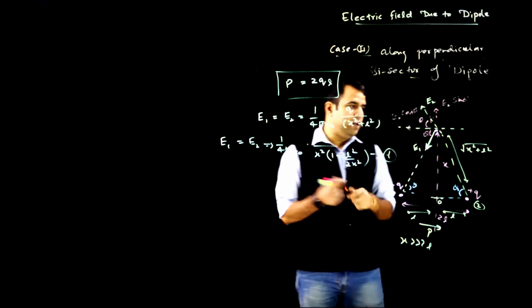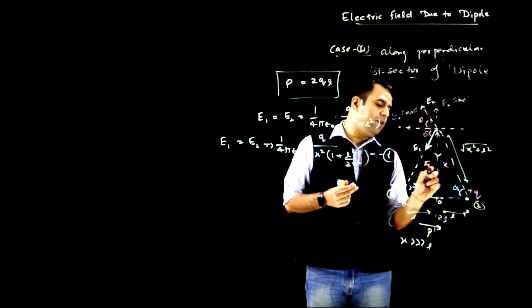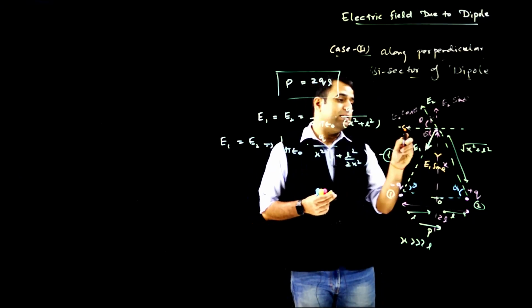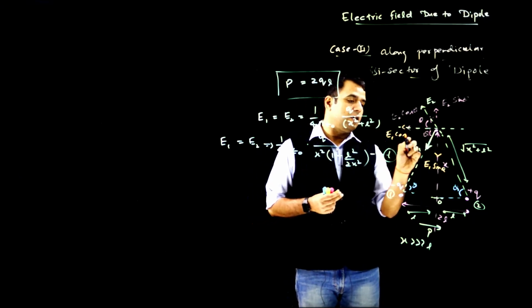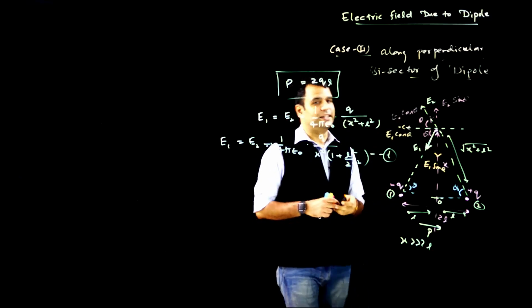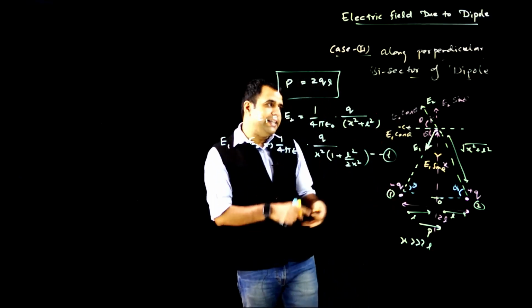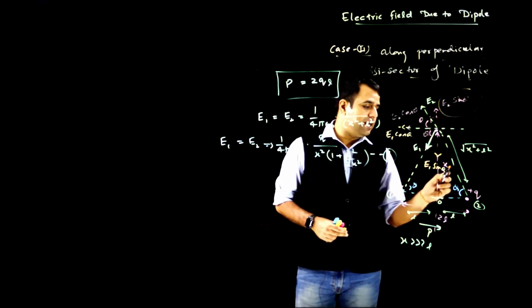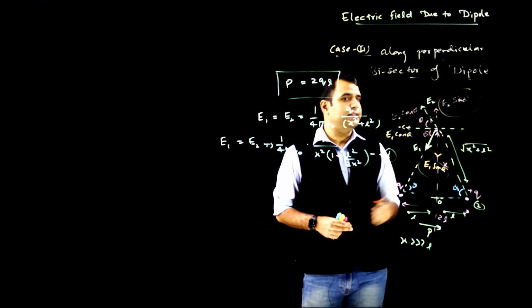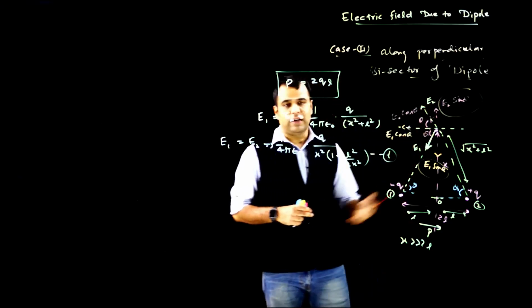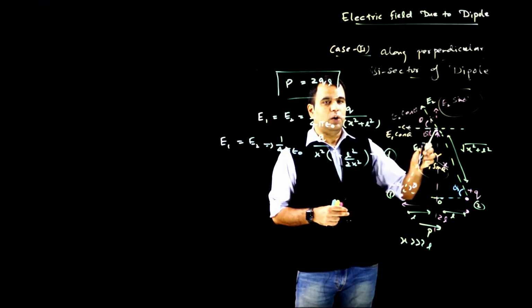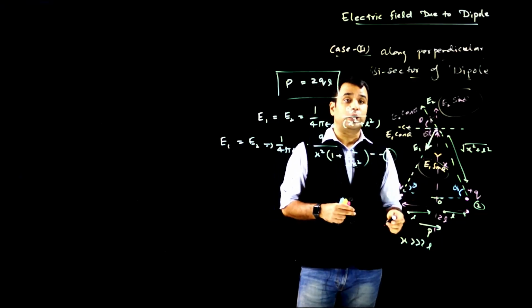And if you talk about E1, it will be E1 sine theta in the vertically downward direction and E1 cos theta in the horizontal direction. So if we add all these four components of electric field, you see this E2 sine theta and this E1 sine theta, magnitude wise E1 and E2 are the same, and both have sine theta. One is in the upward direction, one is in the downward direction. So these two components are going to cancel each other.